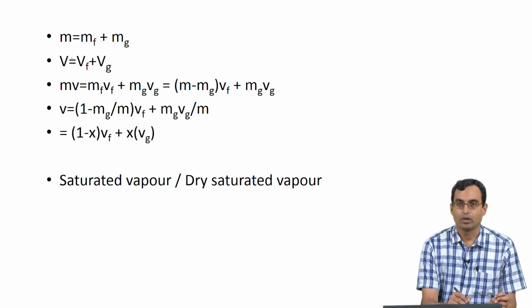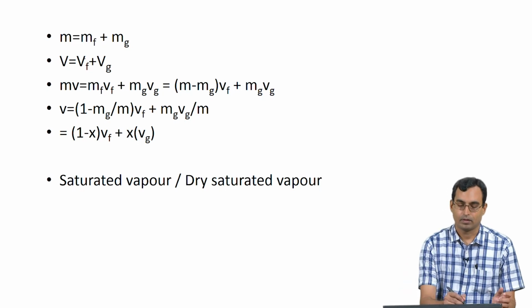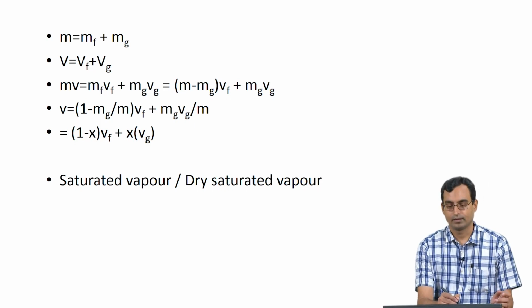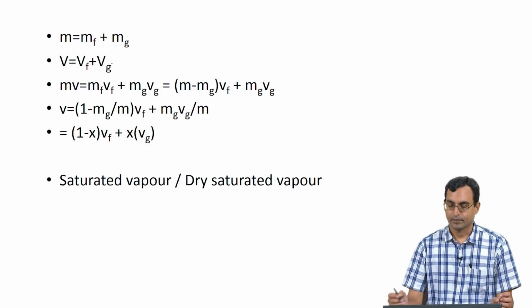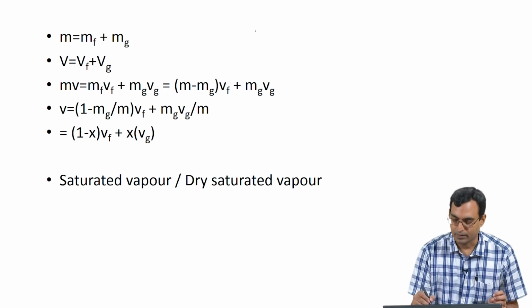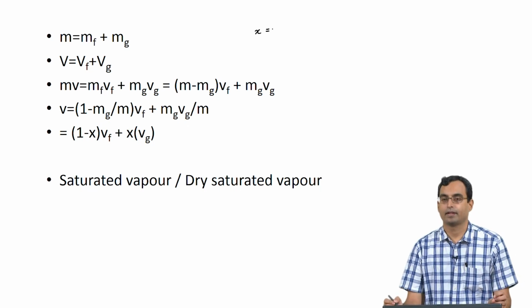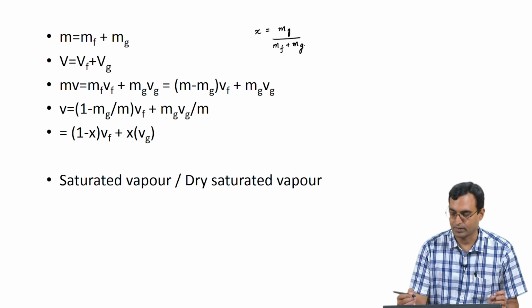So, the total volume is the volume of the liquid plus the volume of the vapor. So, that is Vf, f represents liquid, fluid, and g represents the gas. So, V is Vf plus Vg. So, that is also something we have, and we also said that x is the quality or the dryness fraction, which is the mass of the vapor divided by the total mass. So, it would be defined in this fashion.